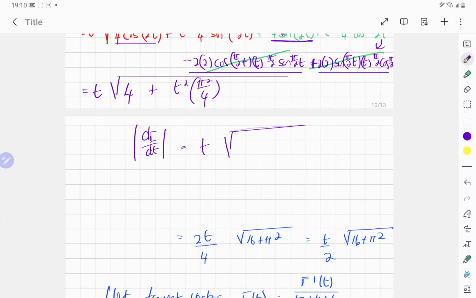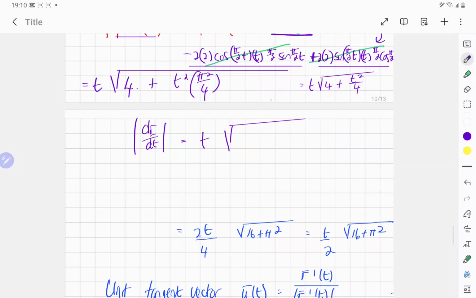What am I going to do here? I'm going to get a LCD. So let's just write that here. I had 4 plus t squared pi squared over 4. Very important. So I get my LCD 4.